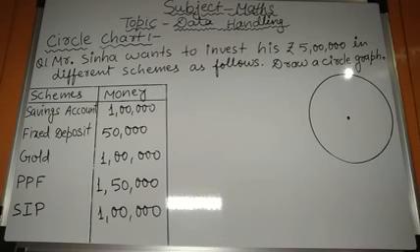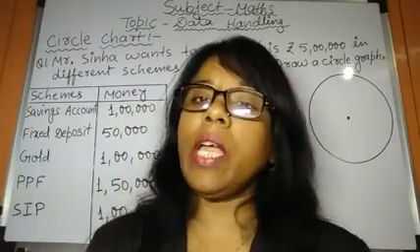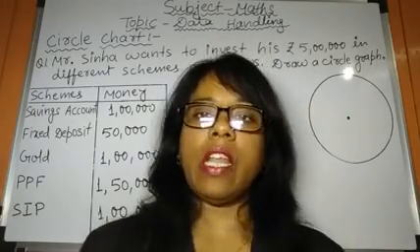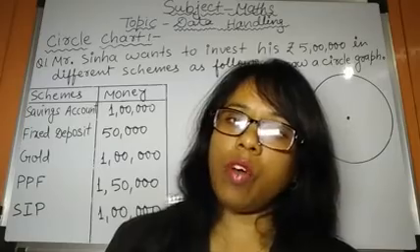In fixed deposit, he wants to spend 50,000. In gold, he wants to invest 1 lakh. In PPF, he wants to invest 1 lakh 50,000. And in SIP, he wants to invest 1 lakh. Now, I have to keep the record of Mr. Sinha by using a circle graph or pie chart.